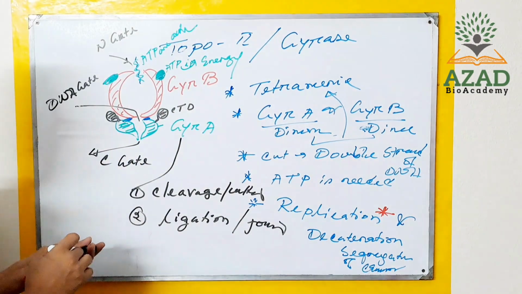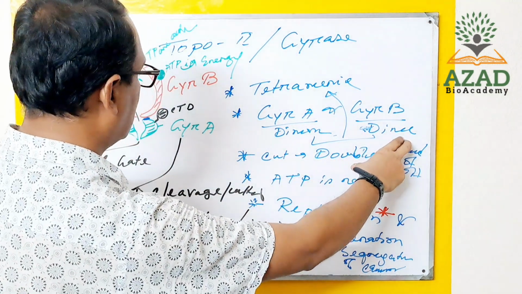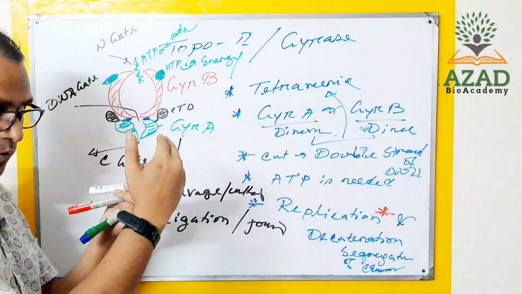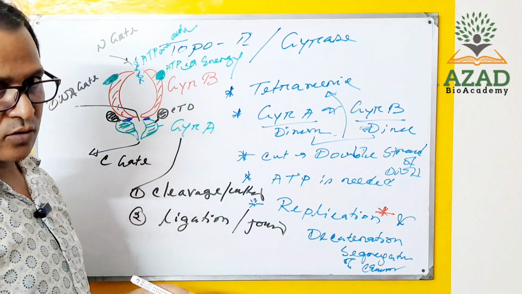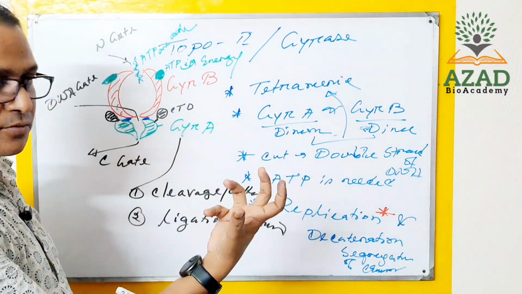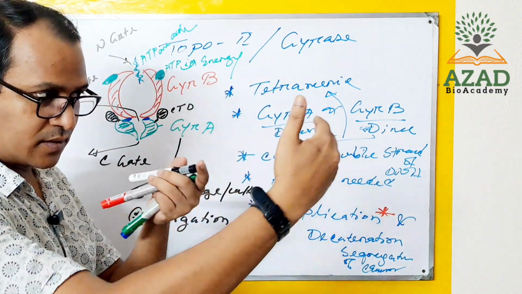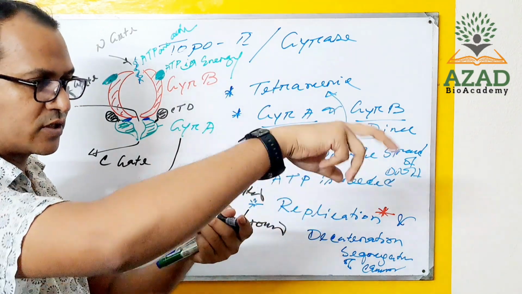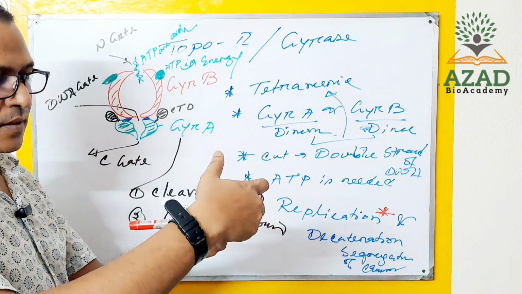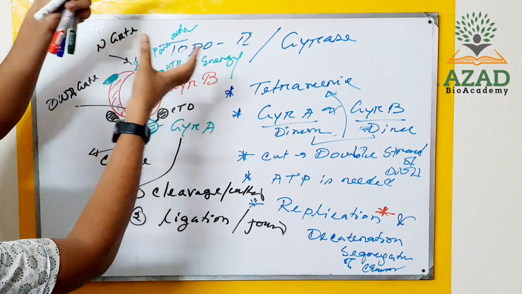Already I said it will cut the double strand at a time, and already I said before the replication fork the positive supercoiling will happen, and that positive supercoiling is right-handed in orientation, but it is more compact and more tangles will form. Then that enzyme will be functioning on that part.